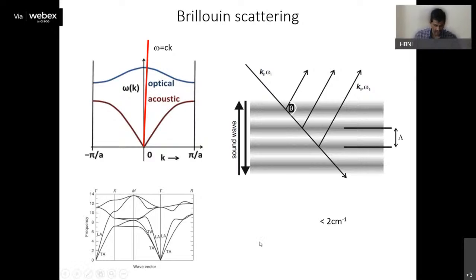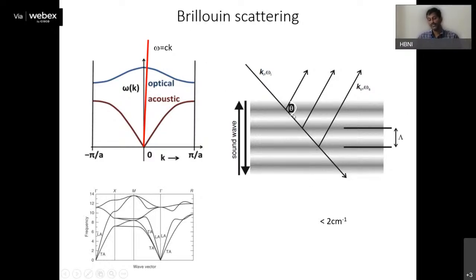So let's start. In Raman scattering, the optical photons probe the acoustic branch. You can consider that whenever there is a sound wave in a system, there is a variation in the density, and because of this variation, there is a change in the refractive index.